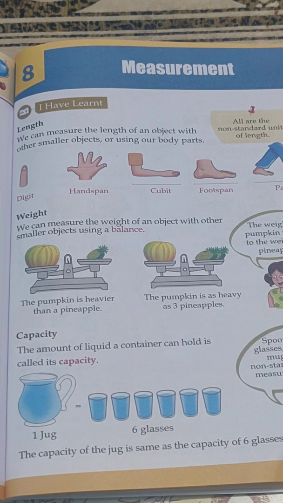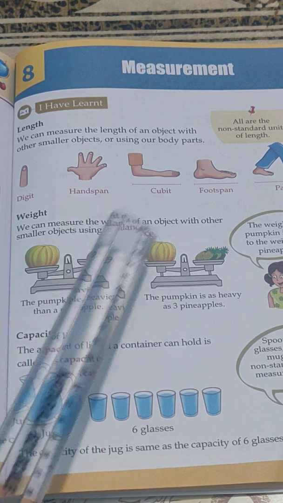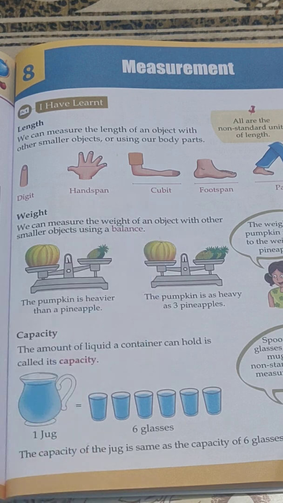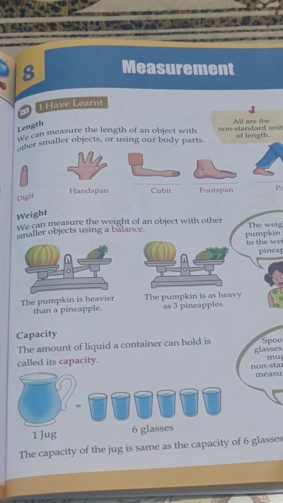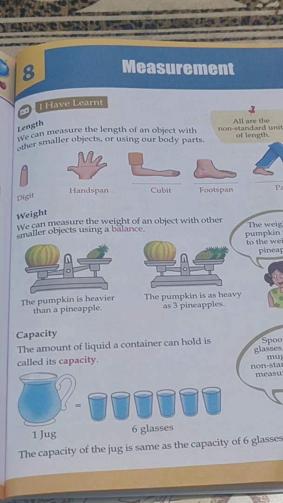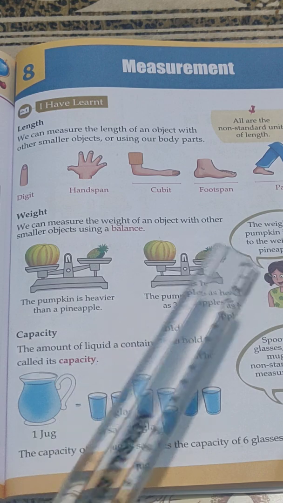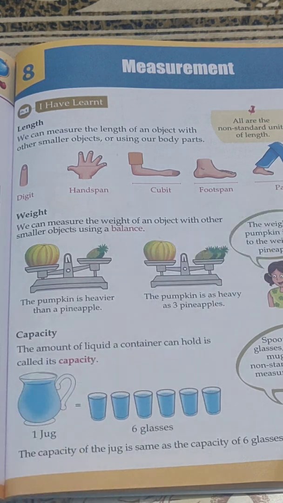And if you have to measure the length of your table, you can use your arm and see how many cubits it takes to measure the length of your table, right? Since you also play on the ground, you take a jump, and if you don't have an inch tape, you can measure your long jump with your foot span, right?